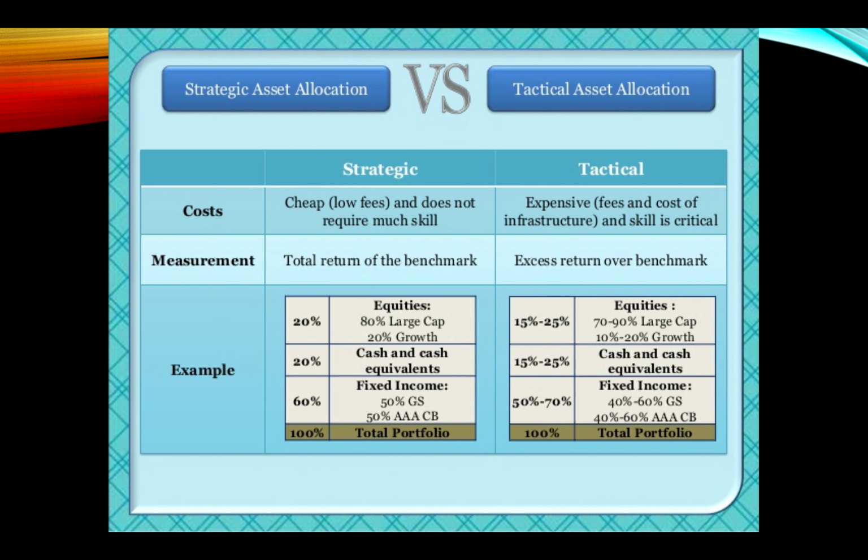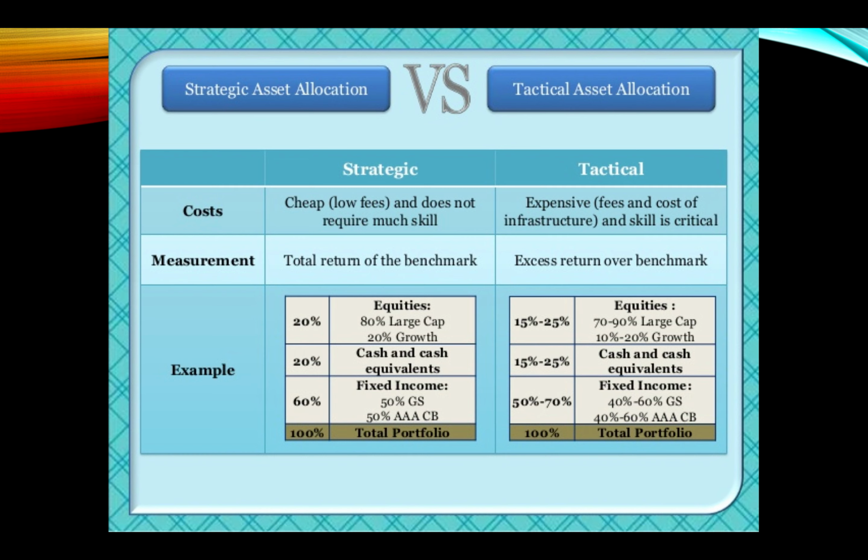And here's just an example from one firm of strategic versus tactical. A strategic asset allocation, an example is 20% equities, 20% cash, 60% fixed income. And then the tactical, there's a range of returns. The manager could be anywhere between 15 to 25% equities, 15 to 25% cash, and 50 to 70% fixed income.